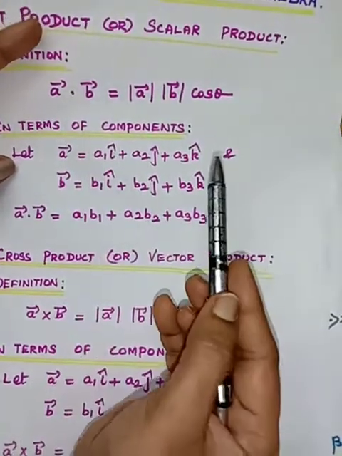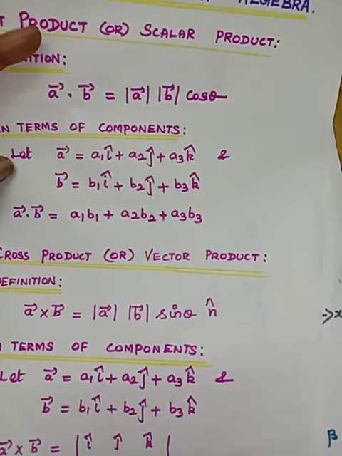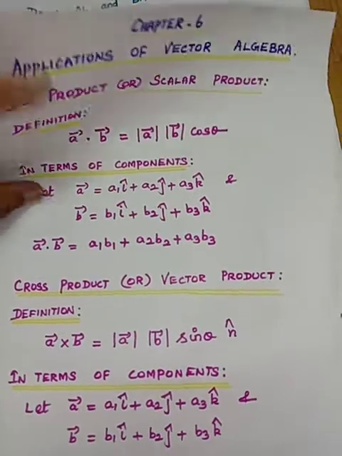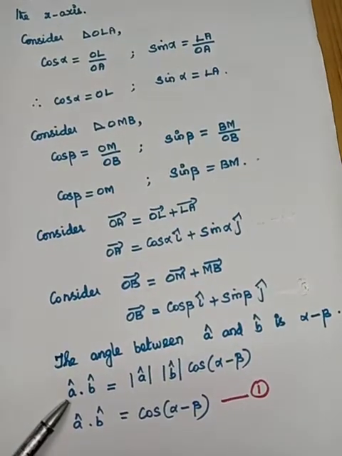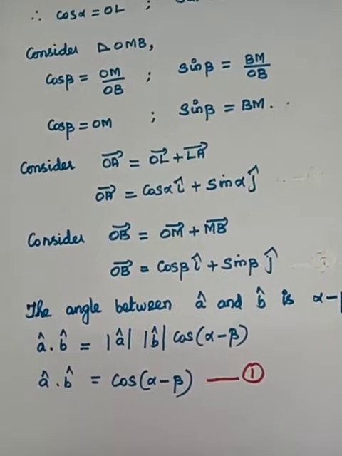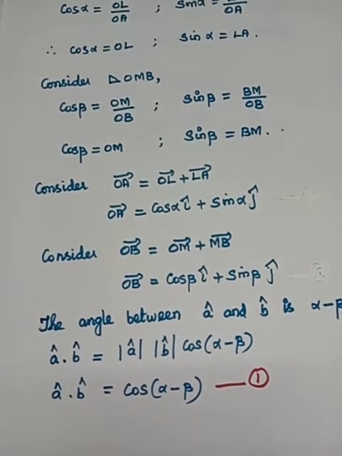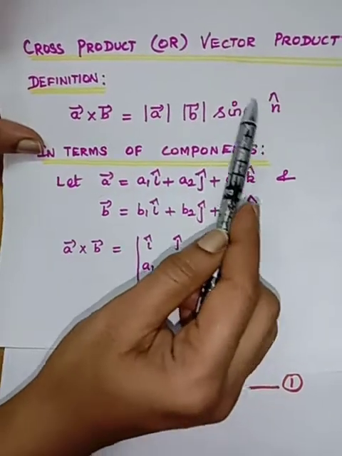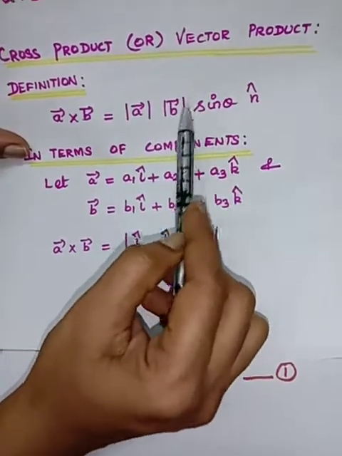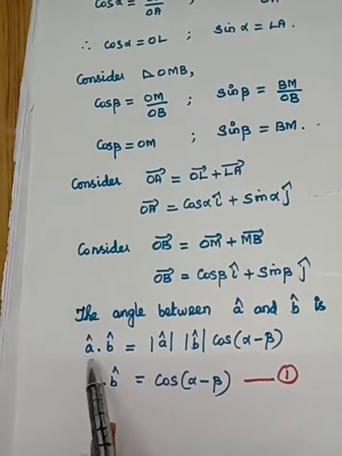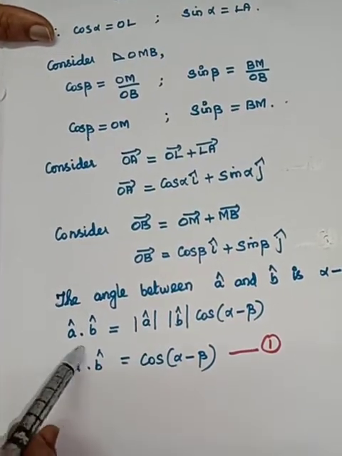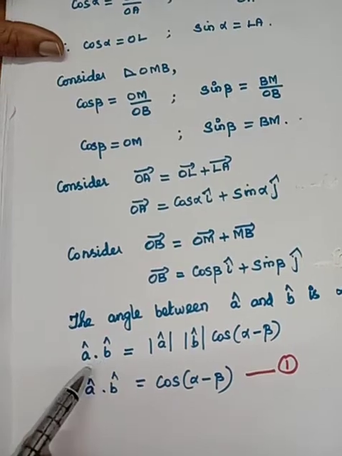So if the question asks cos alpha minus beta or cos alpha plus beta, if cos comes, you have to take the dot product. Suppose sin alpha minus beta or sin alpha plus beta comes, you have to use the cross product, because in the cross product sin theta is used. So here my question is cos of alpha minus beta, so you have to take the dot product between a cap and b cap.